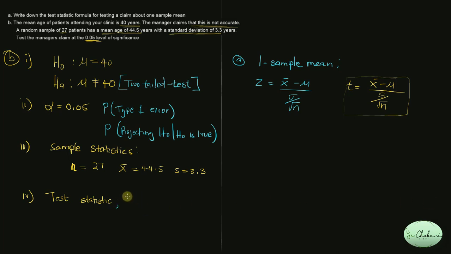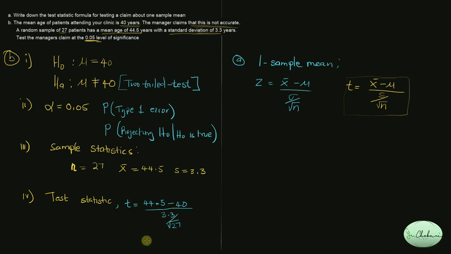In this instance, our test statistic T is going to be 44.5, which is our x bar, minus the hypothesized mean, which is 40, divided by 3.3, our sample standard deviation, over the square root of sample size 27.